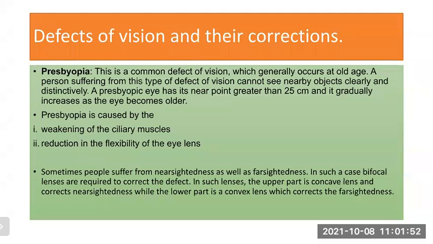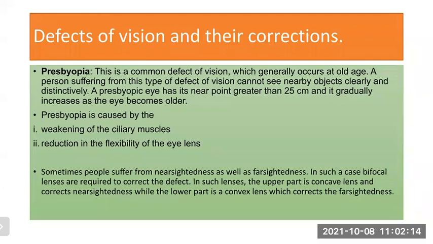You might have also seen that some people use the bifocal lens. They have both these defects, nearsightedness as well as farsightedness. So in such cases, the bifocal lens is used to correct both.